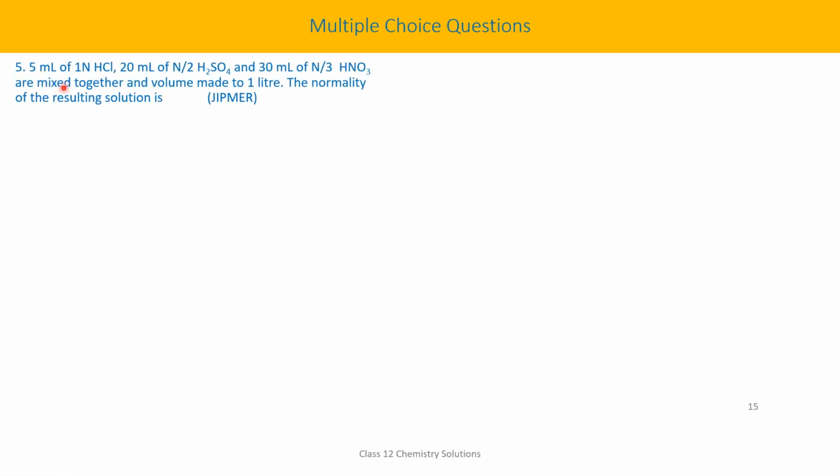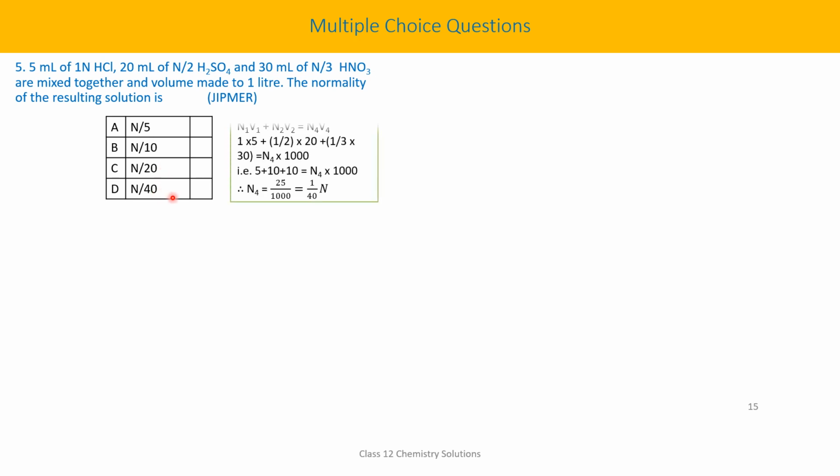Question number 5. 5 ml of 1N HCl and 20 ml of N/2 H2SO4 and 30 ml of N/3 HNO3 are mixed together and volume made to 1 liter. The normality of the solution is given by N/5, N/10, N/20 and N/40. So you have to analyze.